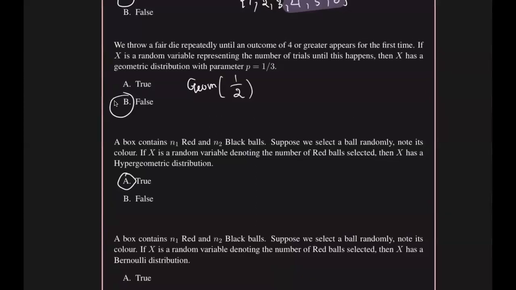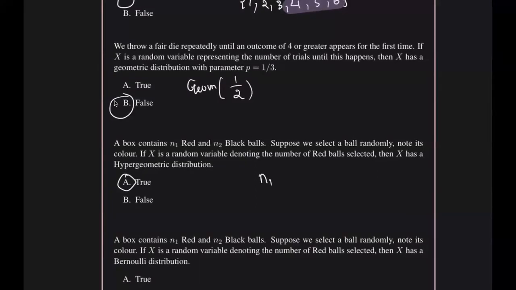Hypergeometric distribution is when you have N1 objects from some group, N2 objects from another group, and then you draw R objects from both groups. Then X denotes the number of objects from group 1.